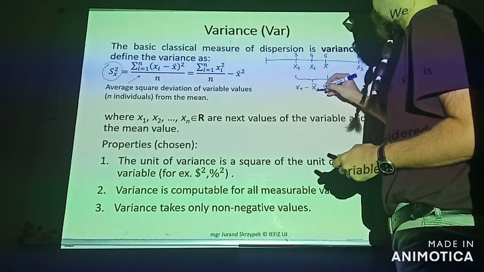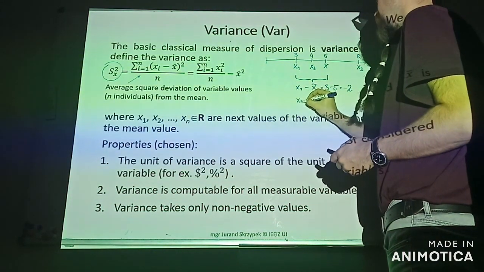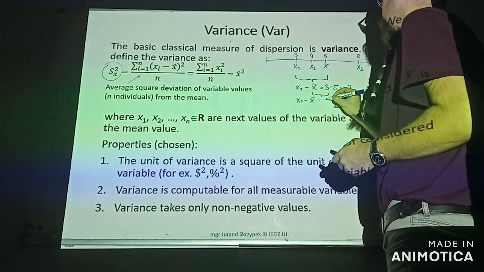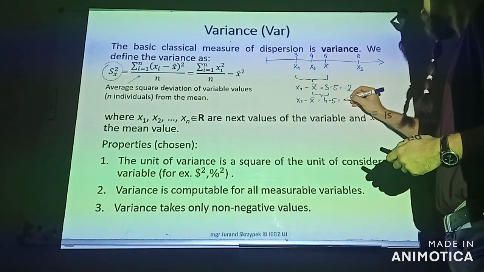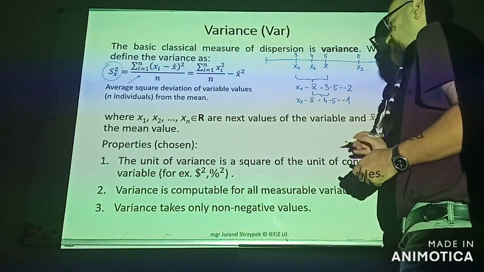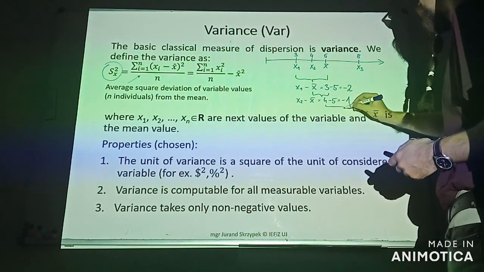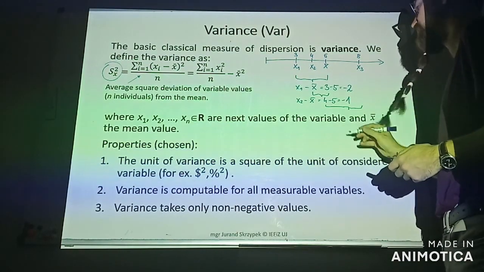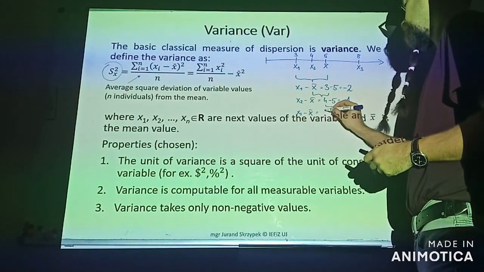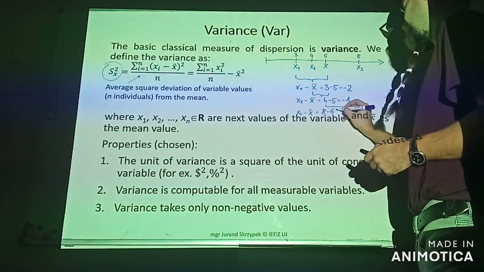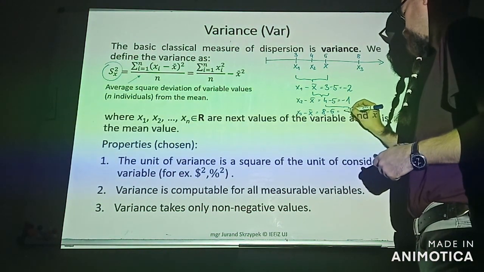The second deviation is the difference between x2 and x mean: x2 minus x mean is 4 minus 5. It yields minus 1. And the last deviation is positive now, because we have the difference between x3 and x mean, which is 8 minus 5. It equals 3.